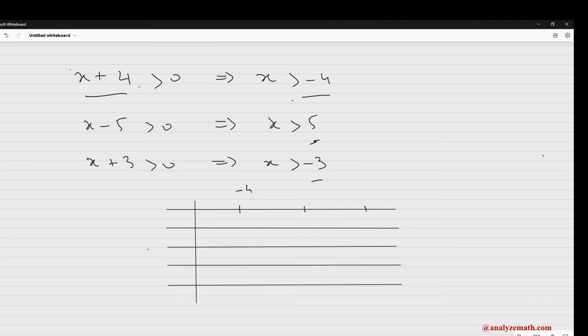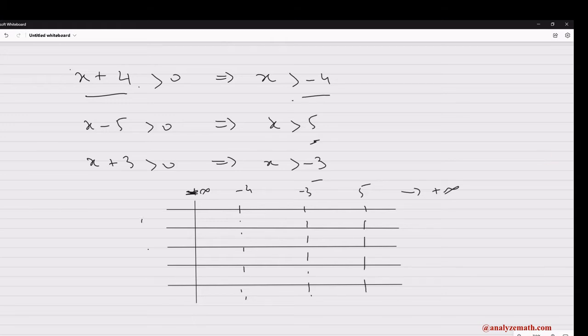So minus 4 is the smallest, and then minus 3, and then 5. Here large numbers, plus infinity, here the smallest numbers, minus infinity. So we are going to work on these intervals.